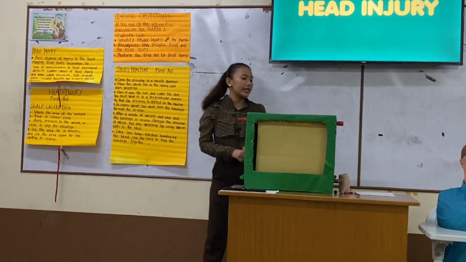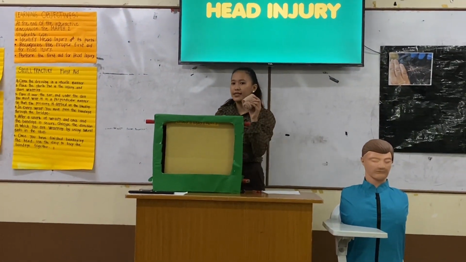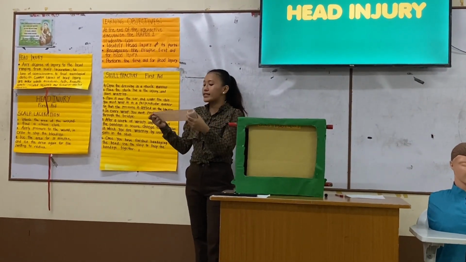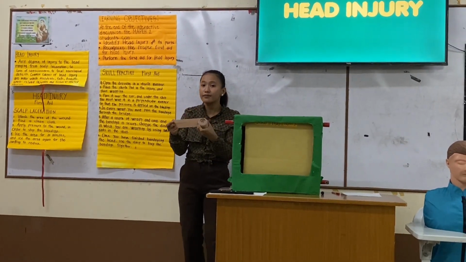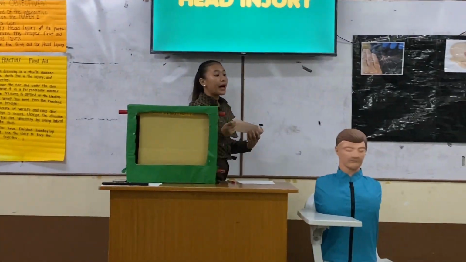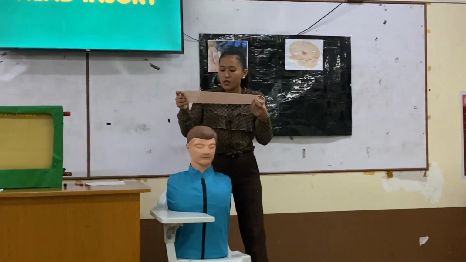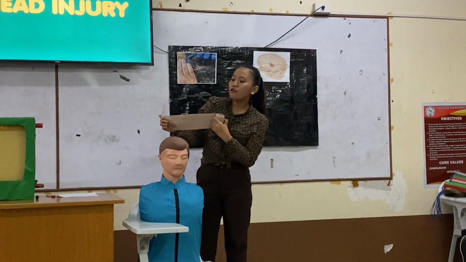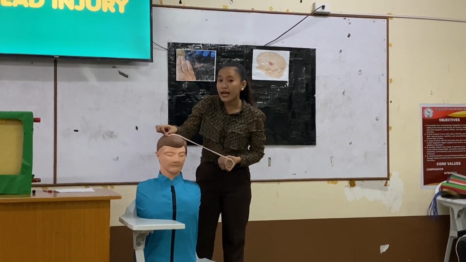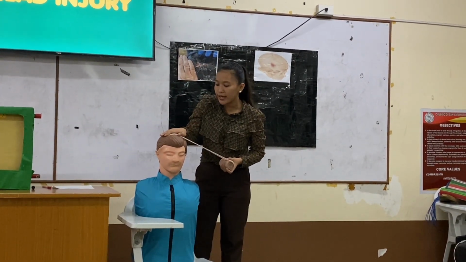Now, the first one is to open the dressing carefully. But since our dressing is already open, we will proceed to step 2. Place the sterile pad on the injured part. So, the skull fracture is here. Now, we will press the dressing to the injury.